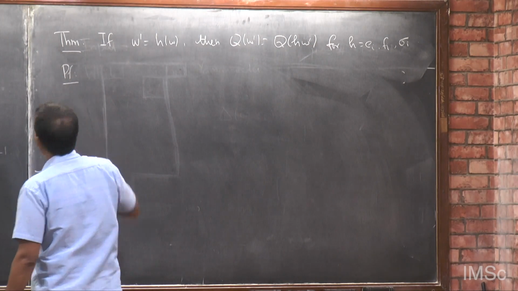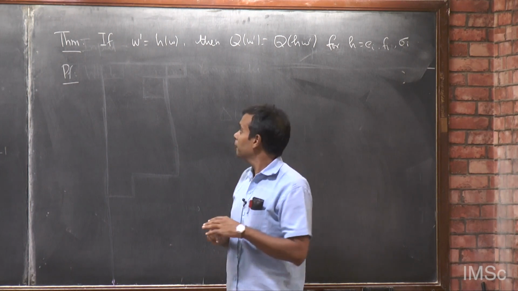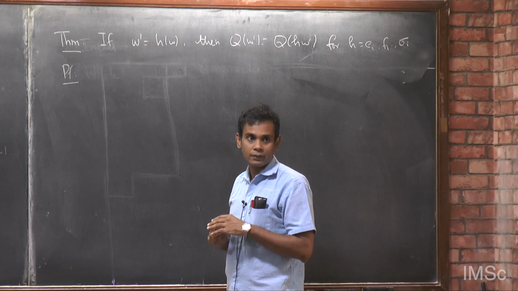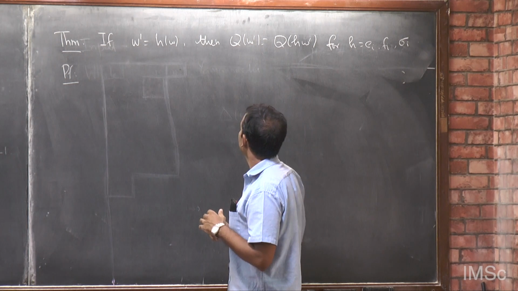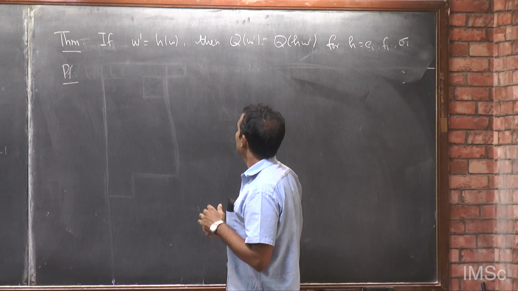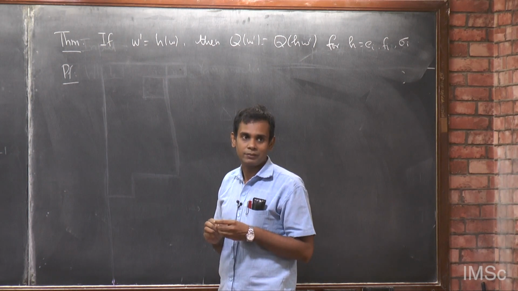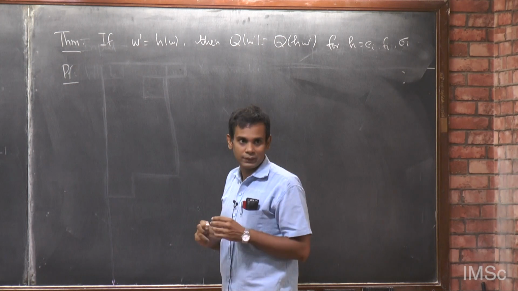I won't give the complete proof. I will give you a proof in the simplified case where W consists of just 2 letters. If you look at the crystal, then yes, it becomes if and only if, but right now I will just prove this.